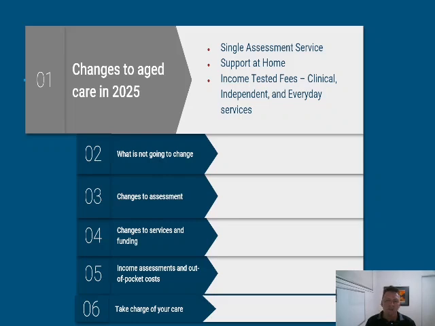For example, if you live in North Brisbane, there's a company that's contracted by My Aged Care to provide all of these assessments in that region, and there'll be another company in West Sydney, and so on. If you're only starting to look for aged care services or you're new to the program, you probably won't see much difference.